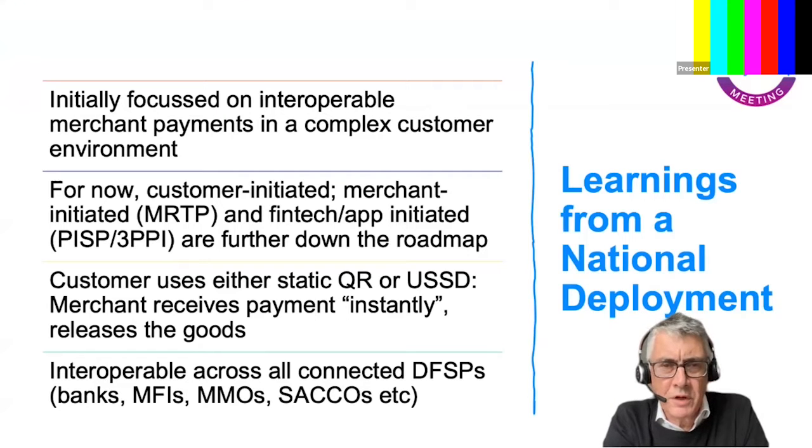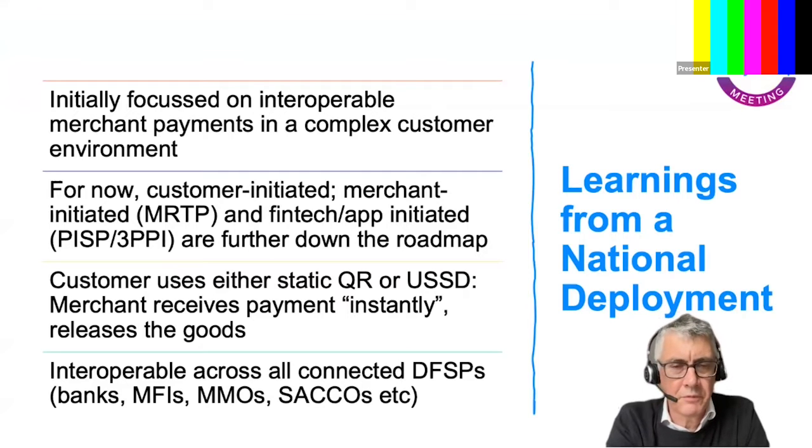So we're focused on interoperable merchant payments, taking the view that limiting it to a particular DFSP is not helpful. So we're focused on customer-initiated payments. That means that's where a customer uses their smartphone to read a static QR or can use USSD to initiate a payment.